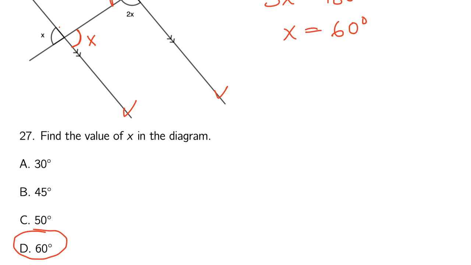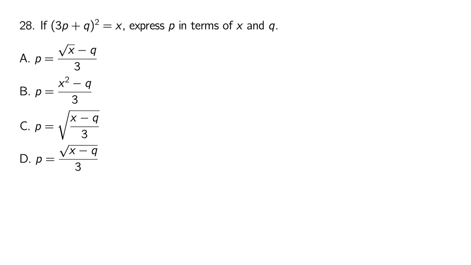The next problem is question 28. It says if the square of 3p plus q equals x, express p in terms of x and q. Now we can take the square root of both sides. When we do that, we get 3p plus q equals the square root of x.